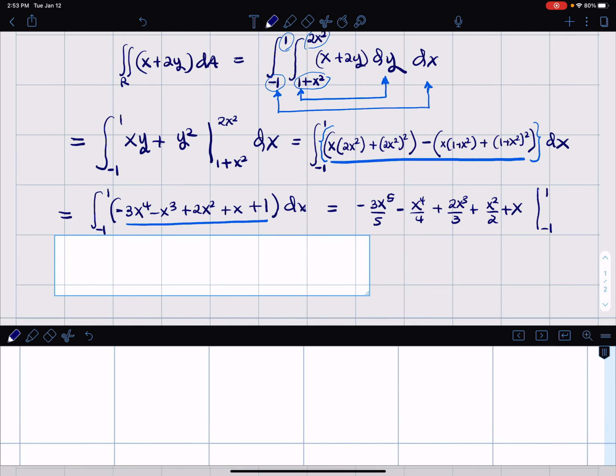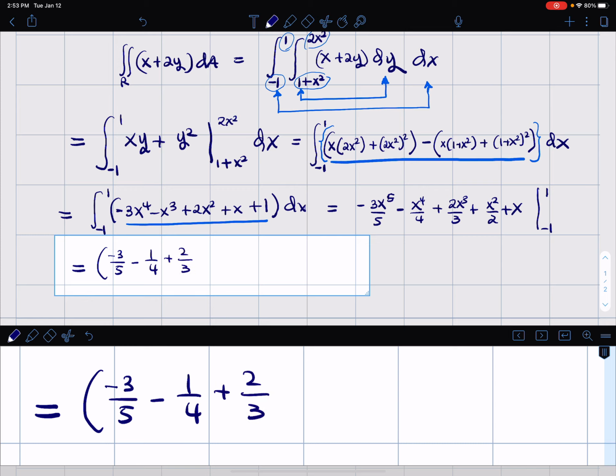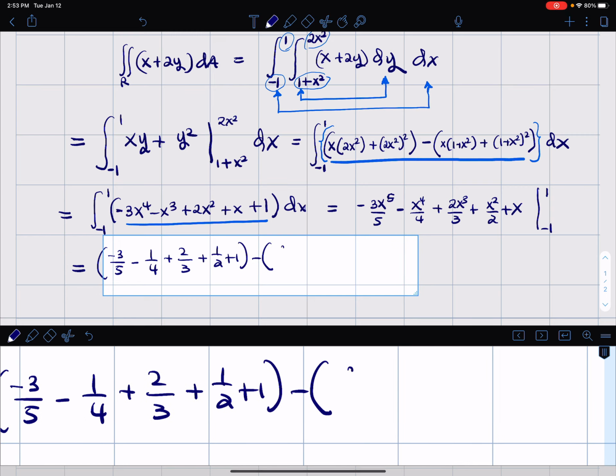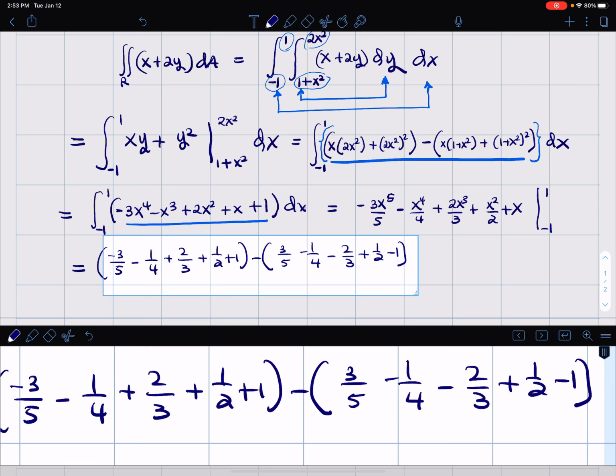When you do that, you end up with negative 3 over 5 minus 1 over 4 plus 2 over 3 plus 1 over 2 plus 1, then minus 3 over 5 minus 1 over 4 minus 2 over 3 plus 1 half minus 1. I think I got everything.